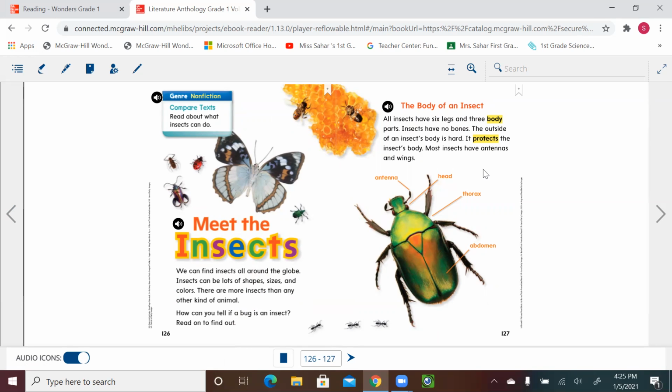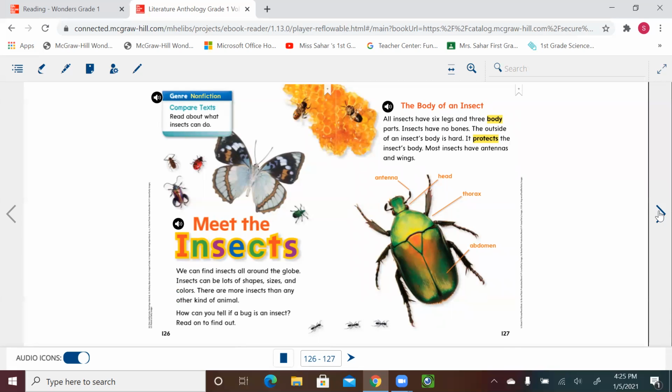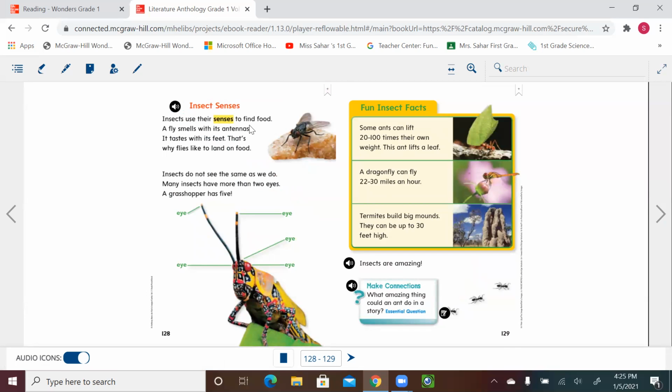So over here we talked about, for example, that all insects have 6 legs, and that's the difference between insects and bugs. Then over here we have the fly, and the grasshopper, and on the right side I have 3 other insects with some facts about their bodies or things that they can do that we didn't know about.